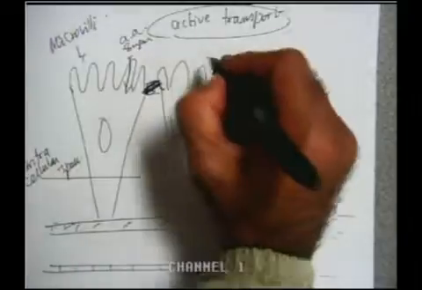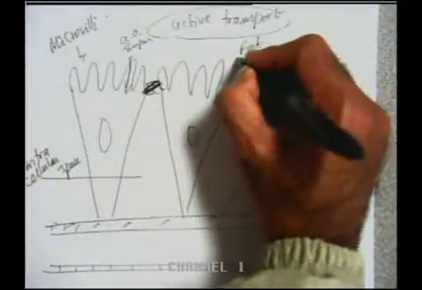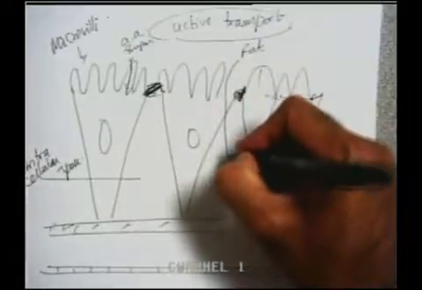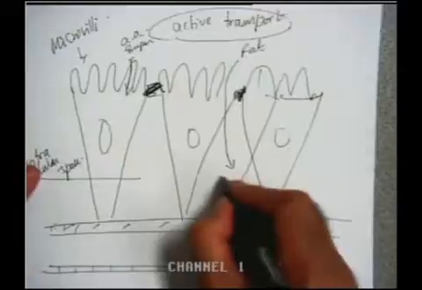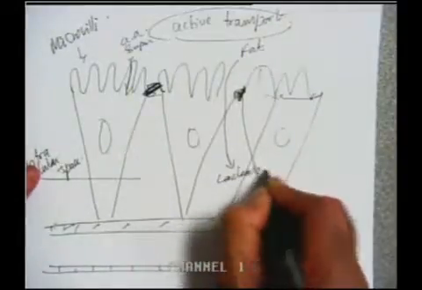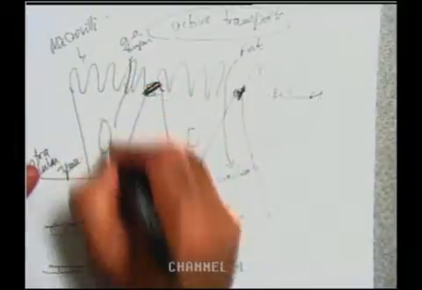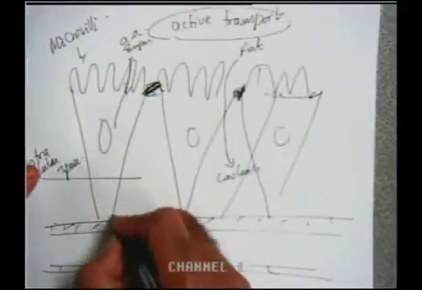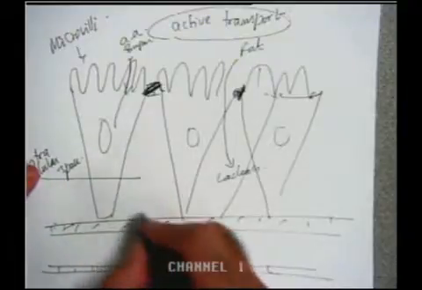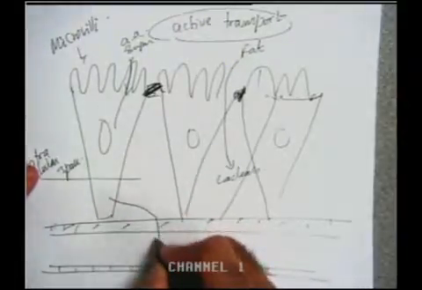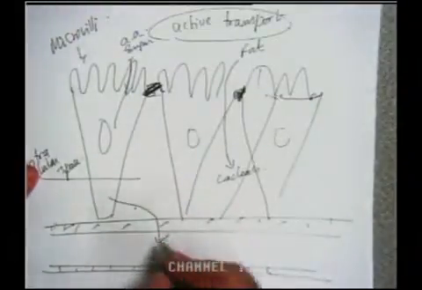And then the fat or the fatty acids will go through this and enter into the lacteals. The sugar which is going in will go directly through the intercellular space and into the capillaries.